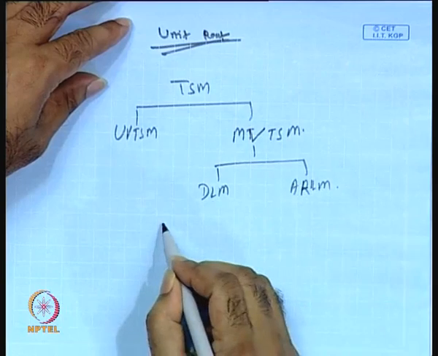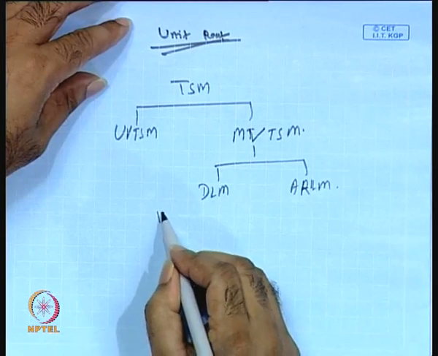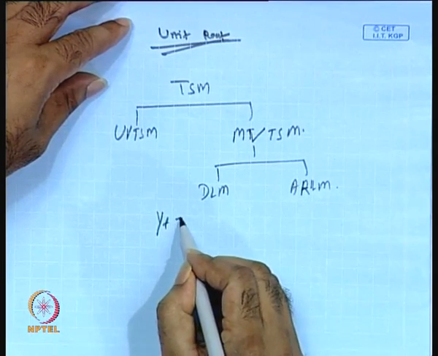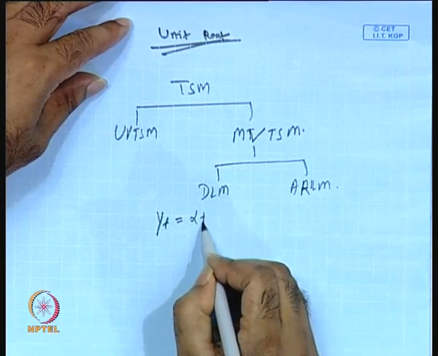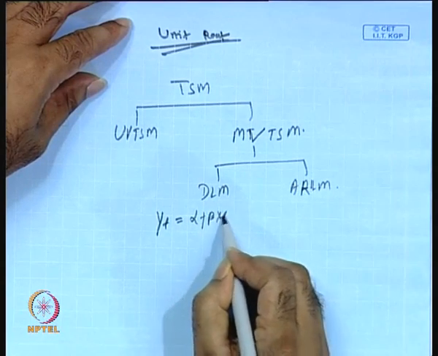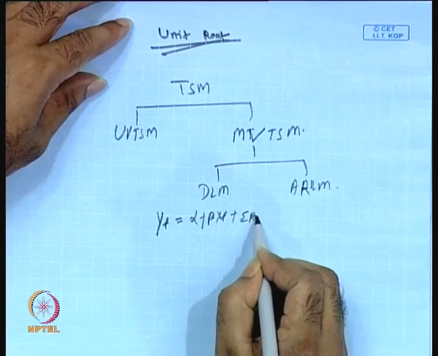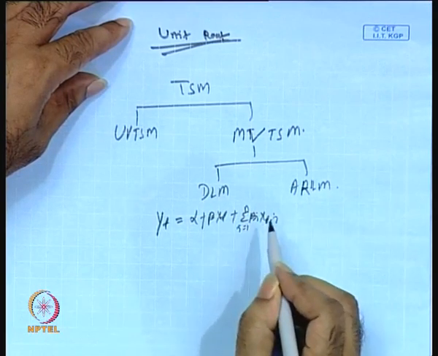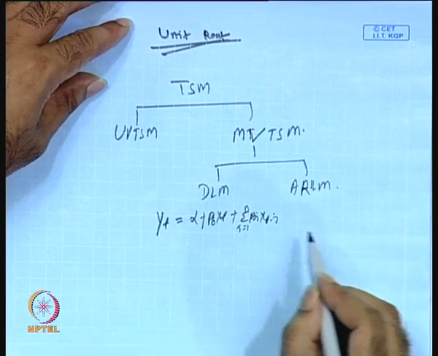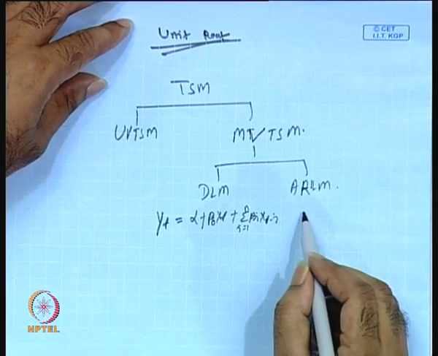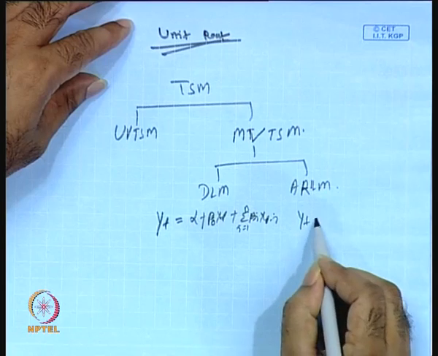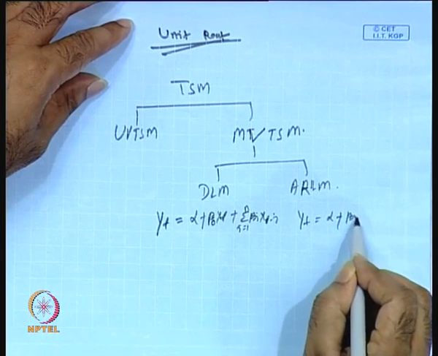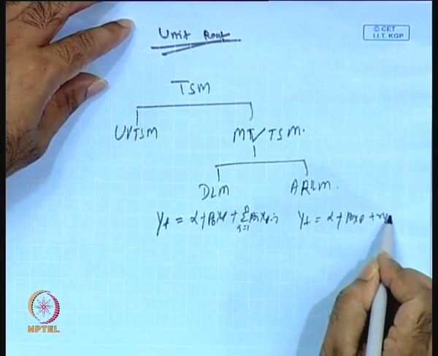The framework is like this: y t equals alpha plus beta 0 x t plus summation beta i x t minus i, i equal to 1 to n. And then y t equals alpha plus beta x t plus gamma y t minus 1.